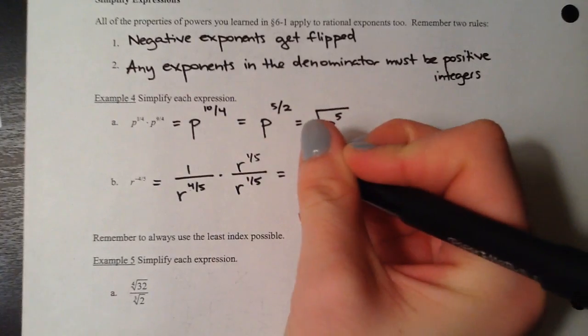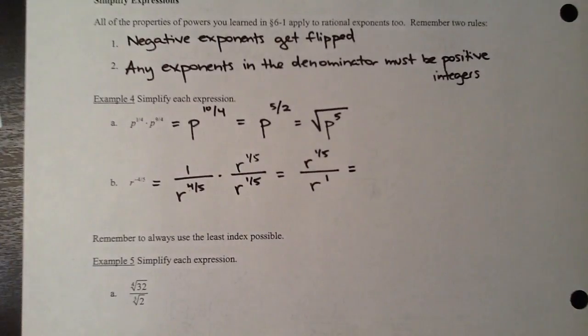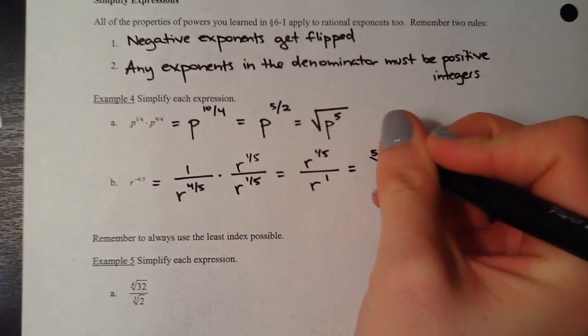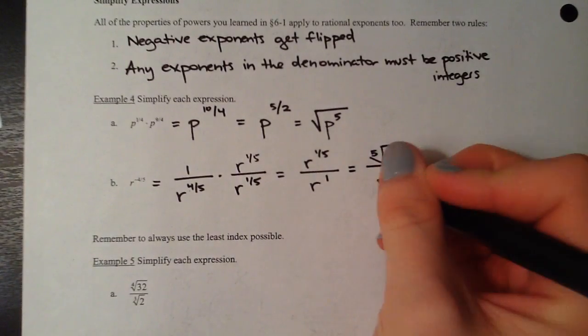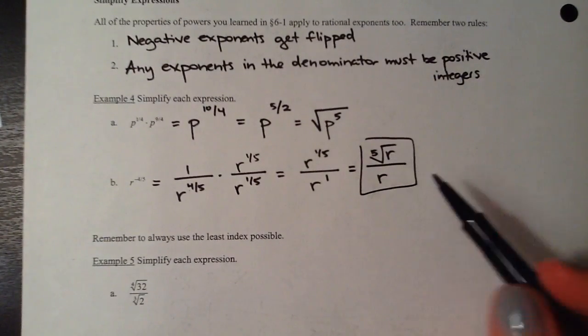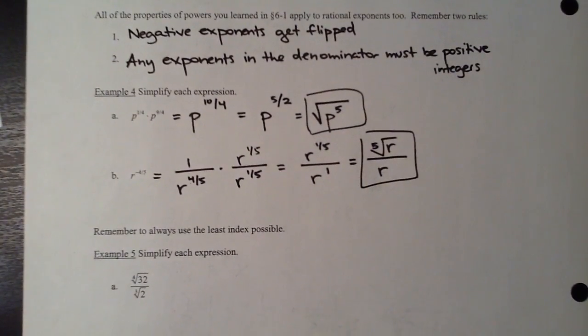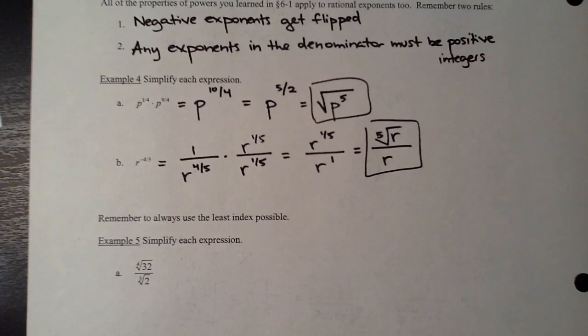And then 1 times r to the 1/5, which is r to the 1/5. So r to the 1/5, remember, is the 5th root of r. And then I have just an r in the denominator. So even though I have the same variable appearing top and bottom, it's okay because I'm not allowed to have this fraction right here in the denominator, and that's a more important rule.